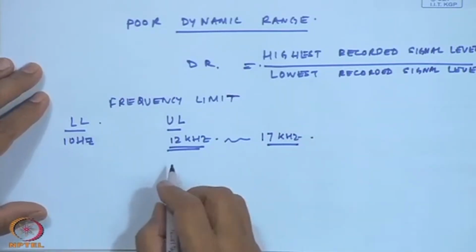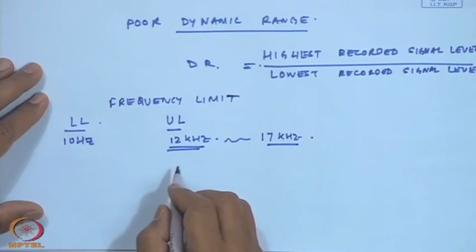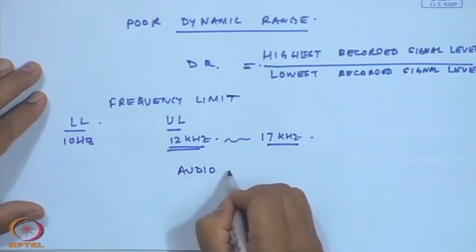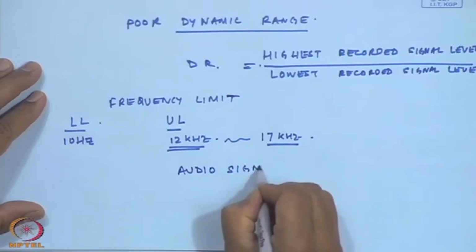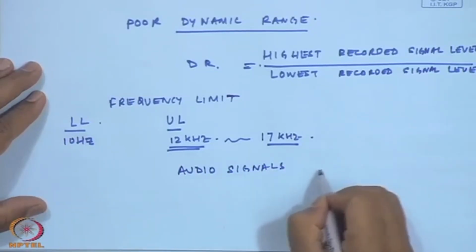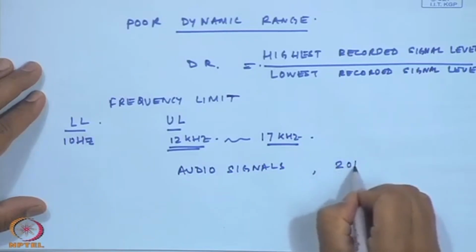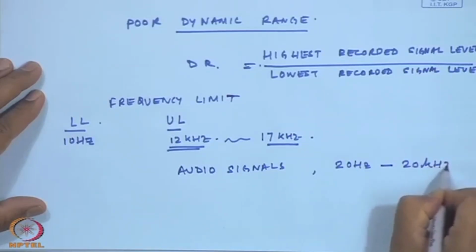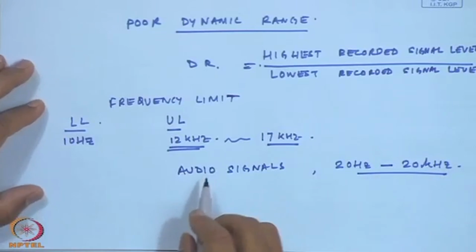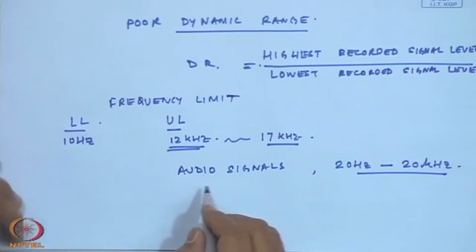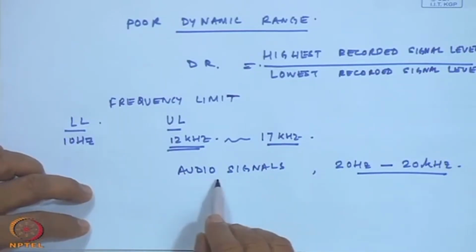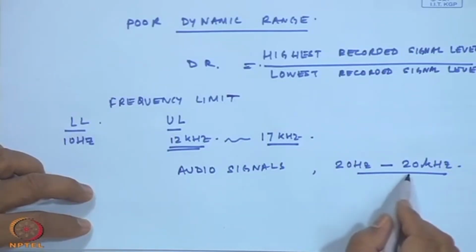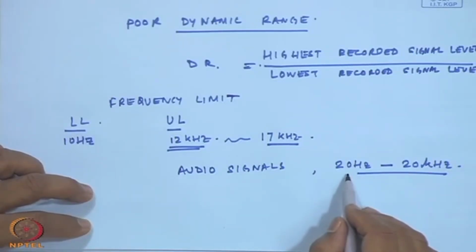But traditionally these direct recording tape recorders were used mostly for recording audio signals. And as you know, the audio signals are in the range of 20 hertz to 20 kilohertz. And these recorders did a good job in recording such audio signals, or for that matter any signals which were in this frequency range.